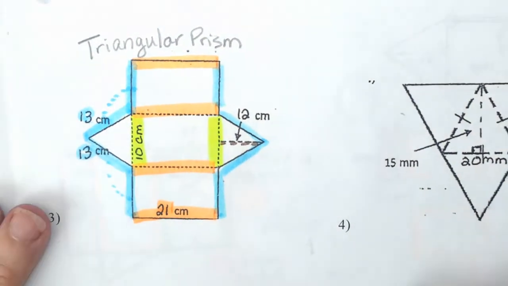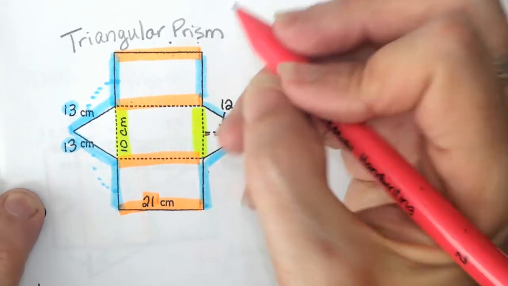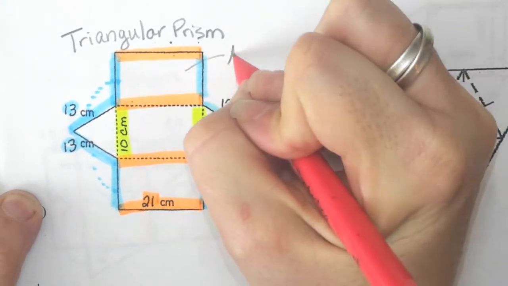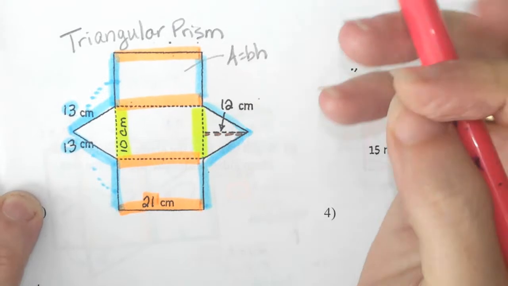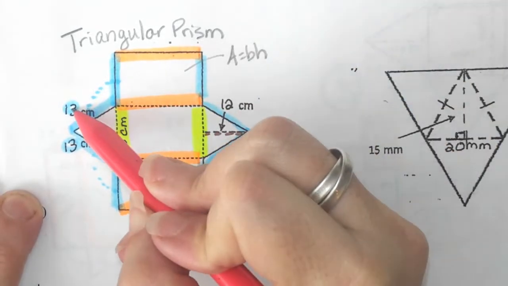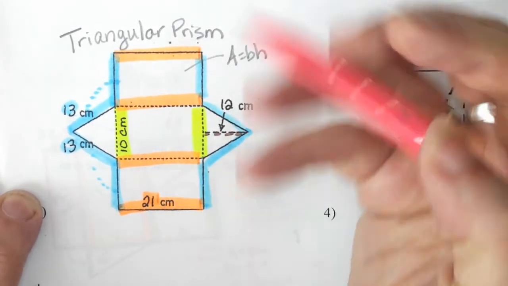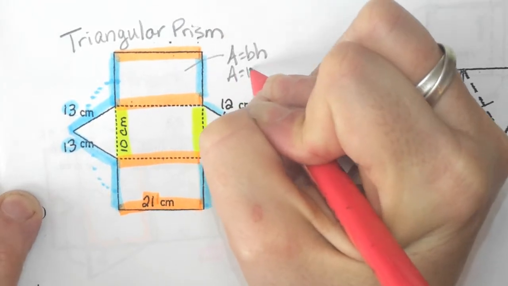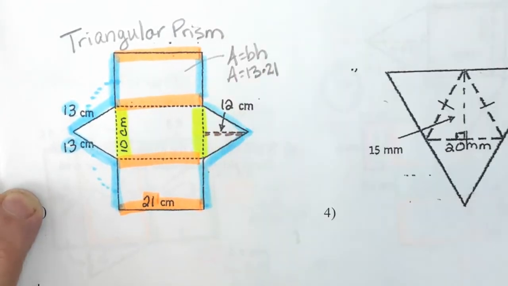Okay, here we go. Trying to get it all put back together now. So this little box, I'm looking for my numbers. Blue is 13, orange is 21. So it is a 13 by 21. I got 273.